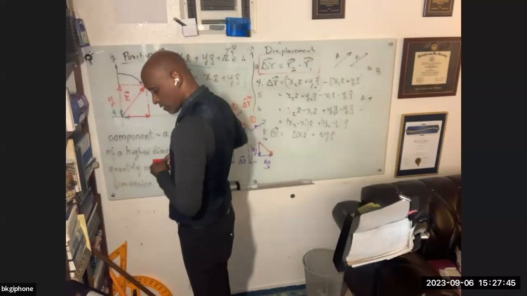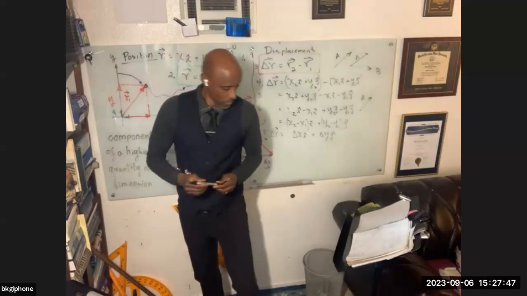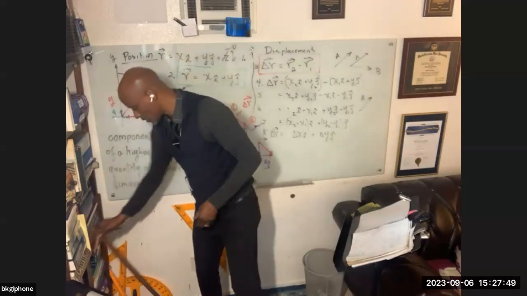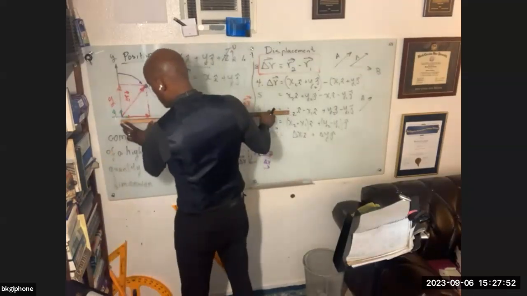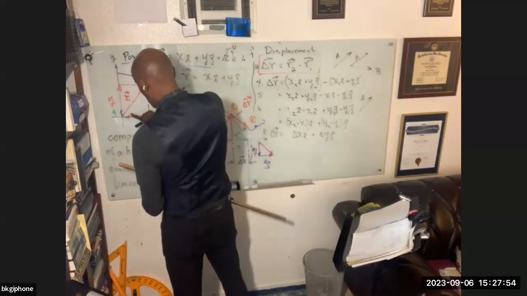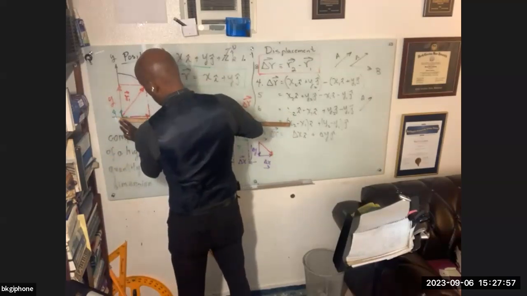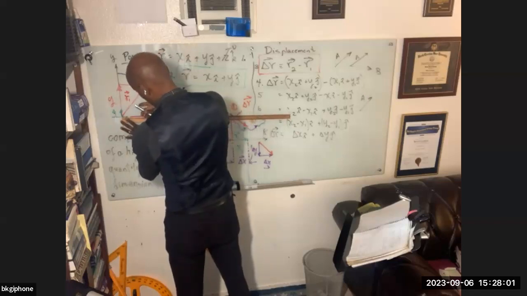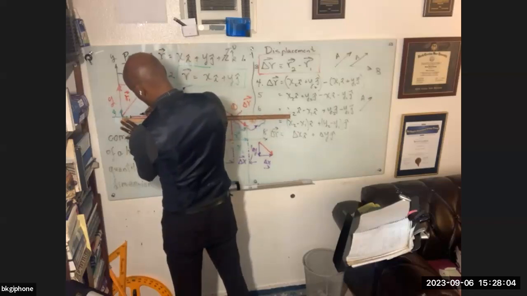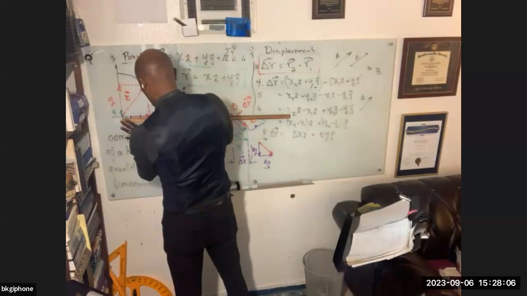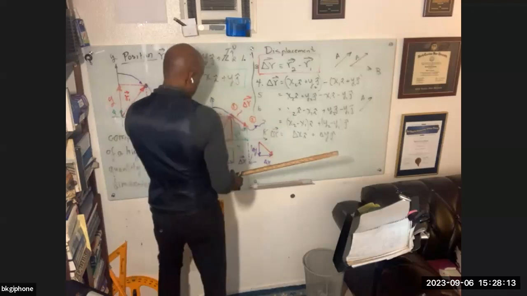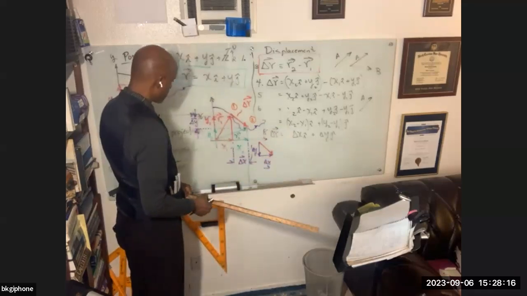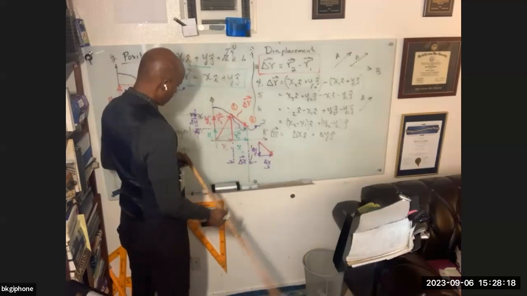Let's make it black, like a number line. I want to do it over here because I need to add the vectors too. So sure, why not?